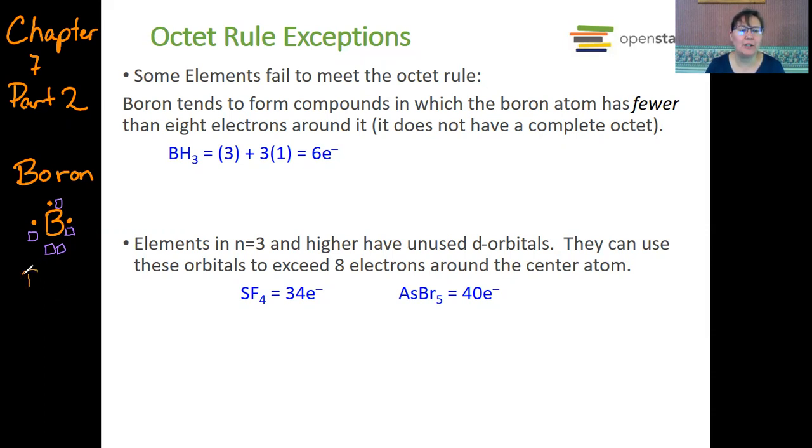B2H6 would look like this. In this case, we have boron meeting the octet. But then we have BH3, so sometimes boron doesn't, especially if boron is with fluorine or things like that, then it's perfectly happy not filling its octet.